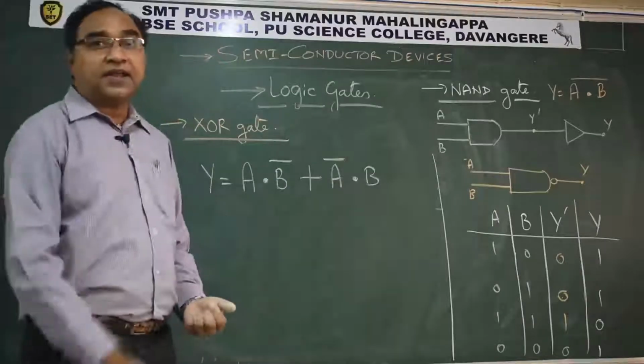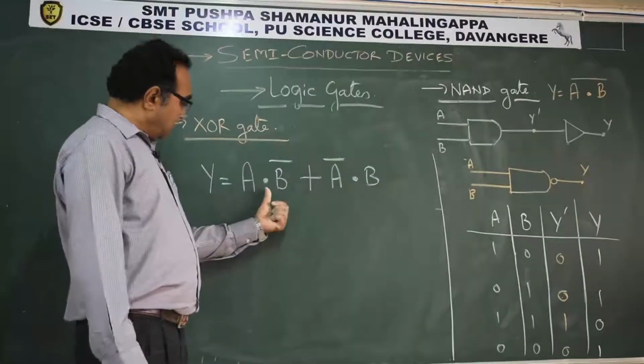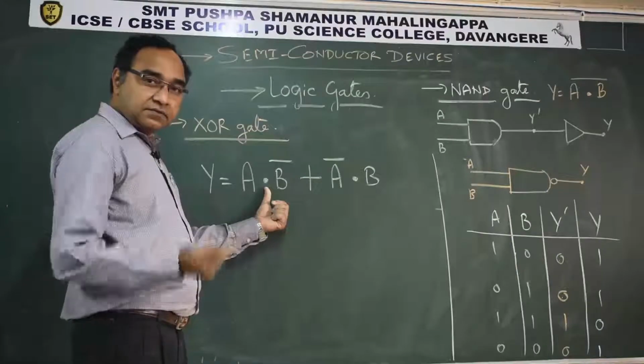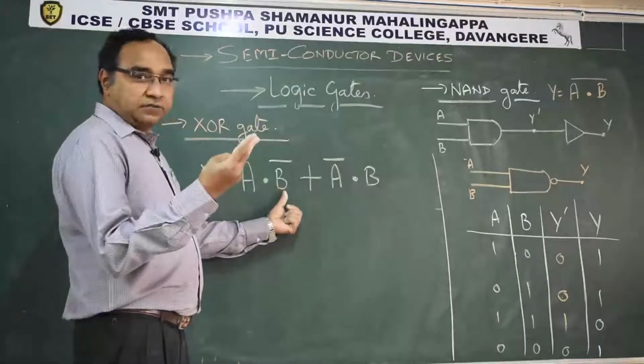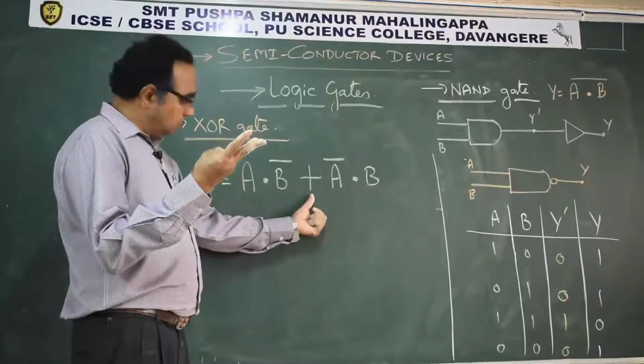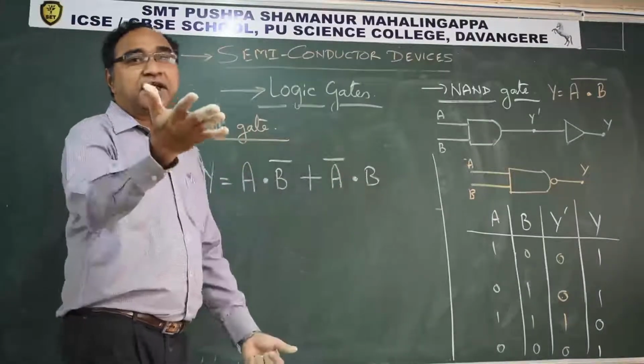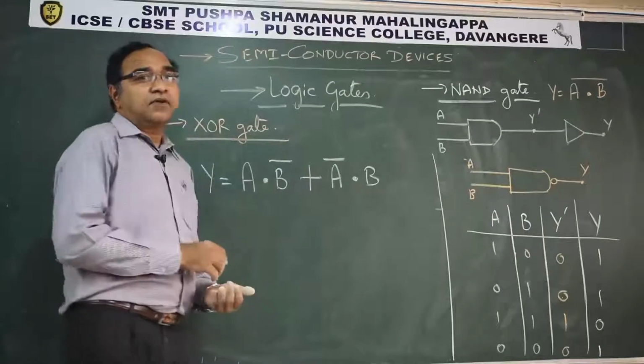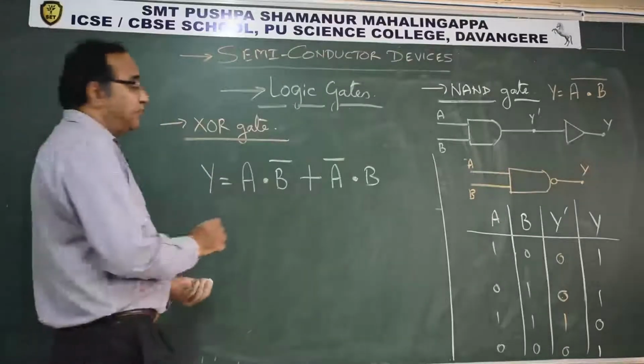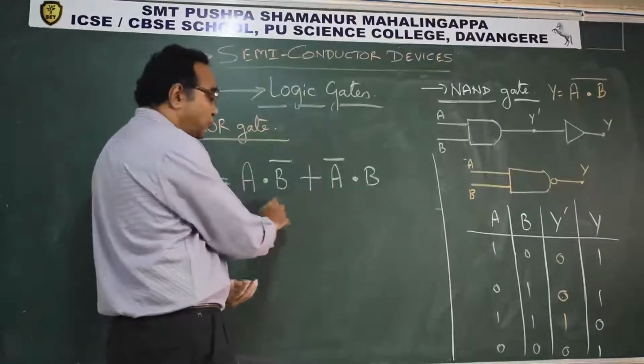So how many gates are here? Pure gates. One is an AND gate, NOT gate, OR gate, AND gate, NOT gate. 5 gates are there. This is made up of a combination of 5 gates, in which the OR gate has 2 inputs.